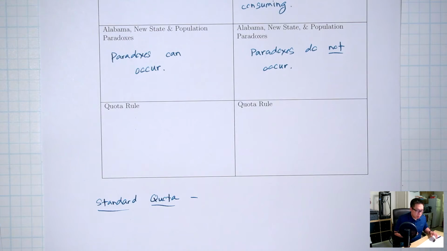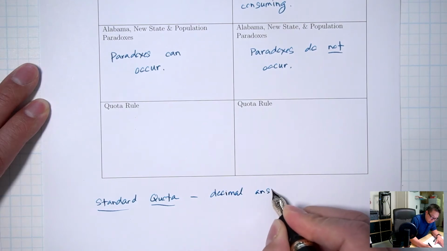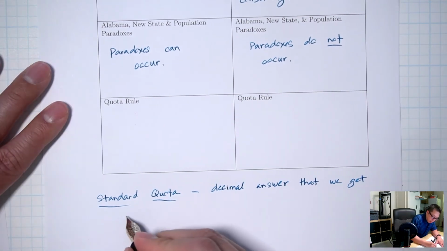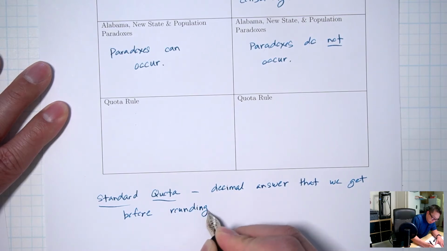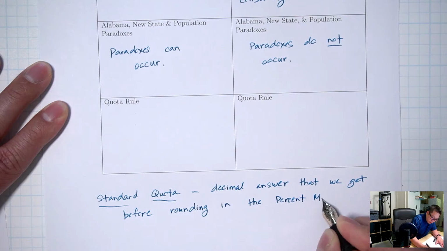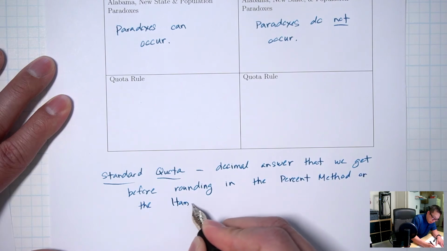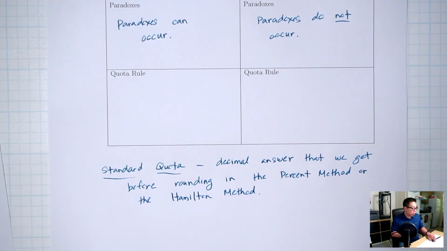The standard quota is the decimal answer that we get before we round in either the percent method or the Hamilton method. And I'll explain what that is.